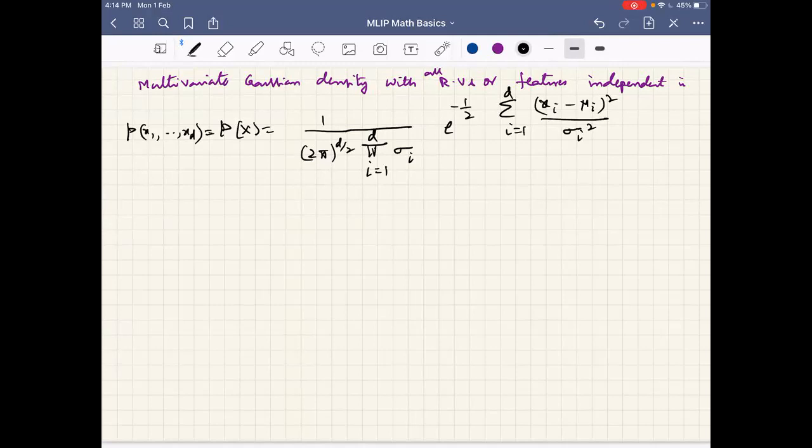But this is not the definition in general for multivariate Gaussian density. Now let me define the multivariate Gaussian density. Definition: multivariate Gaussian density.